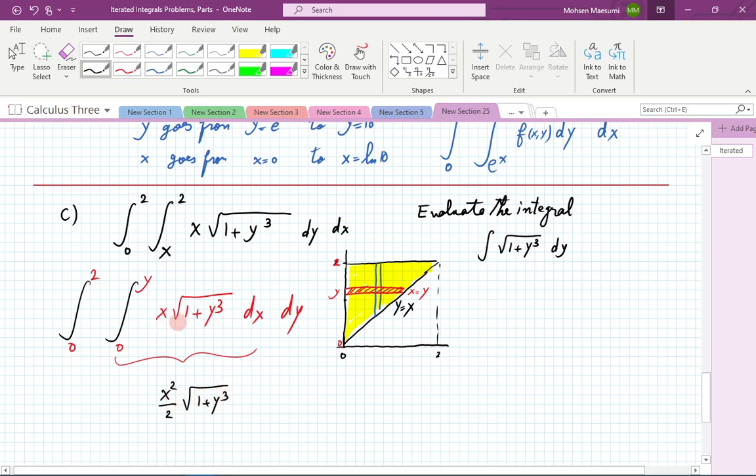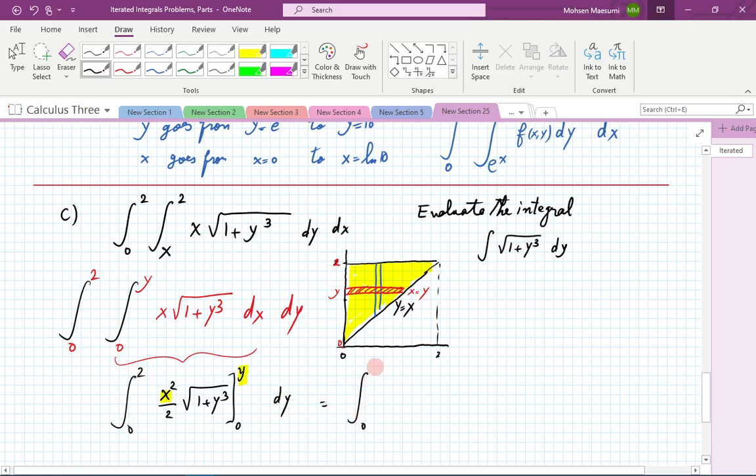So the integral is easy. This is a constant. This integral then is to be evaluated between 0 and y. What does that mean? We said this y is the limit of the value of x. Once that substitution is done, the last integral is to be done from 0 to 2 of dy.